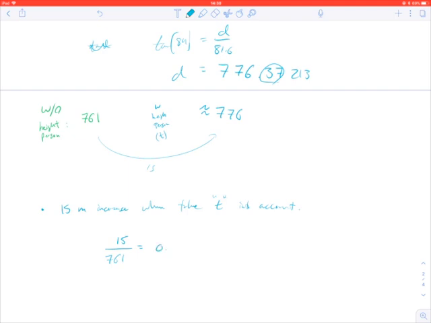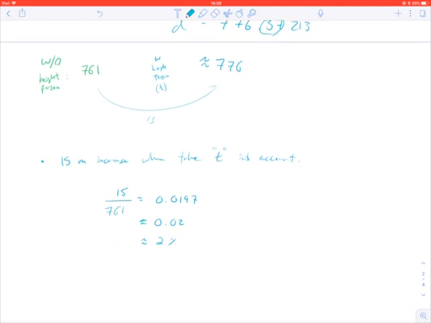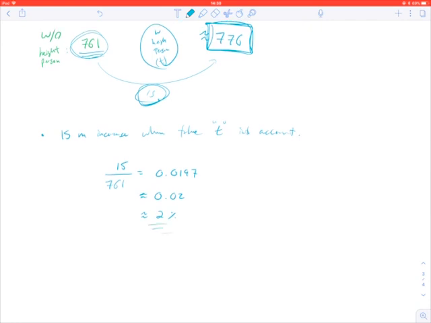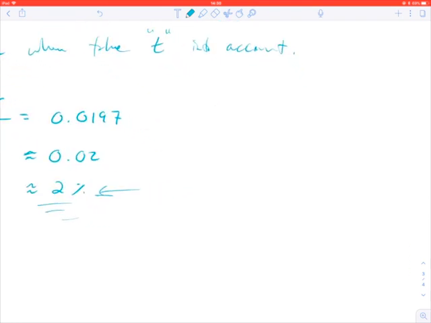I got 0.0197, which is around 0.02, which is around 2%. So if we take the person's height into account, you get something that's 2% bigger. Because we're 2% off, this really isn't that statistically significant.